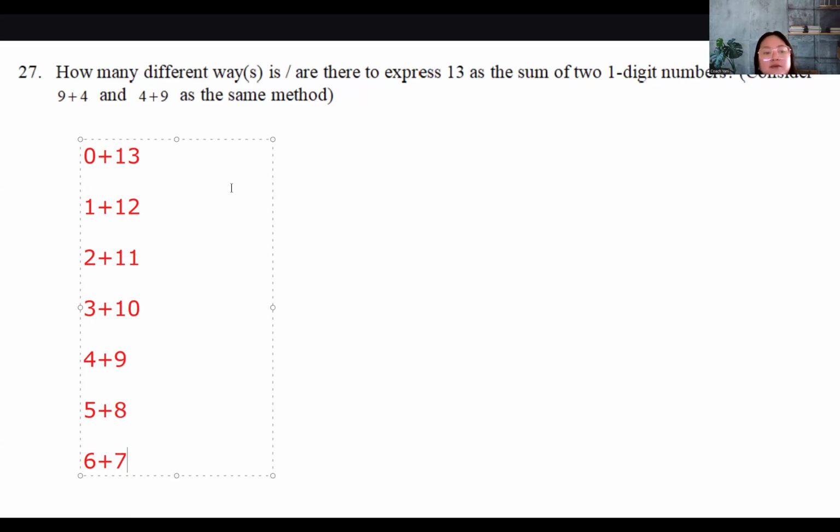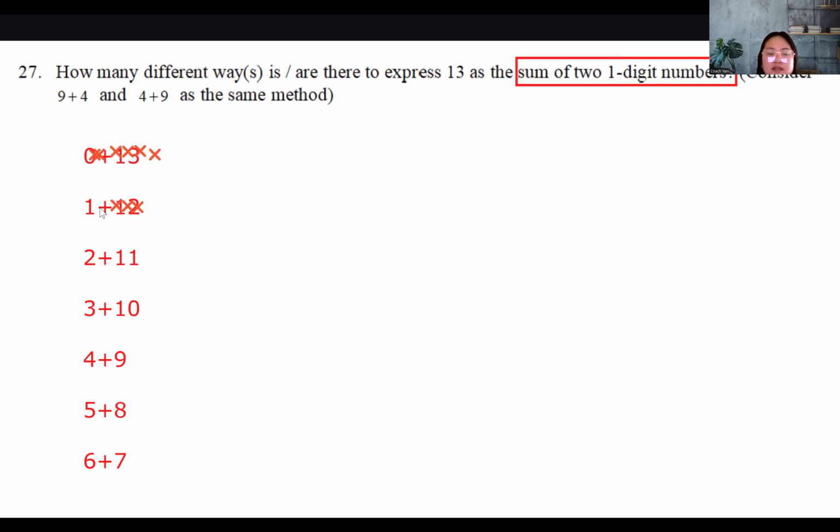Now, it says here, the important thing here is, it needs to be the sum of two one-digit numbers. So both of the numbers need to be one digit. 13 is not one digit, so this is already x. Okay? 12 is not one digit, so already x as well. Same with 11, and same with 10.